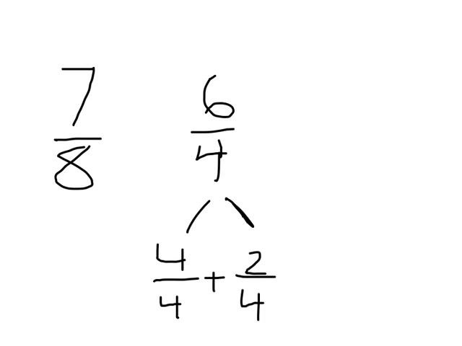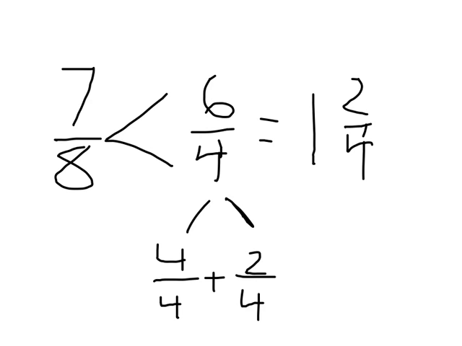We also know that 4/4 is equal to 1. So this fraction really equals 1 and 2/4. Therefore, if we really graph this out, we know that that one's larger.